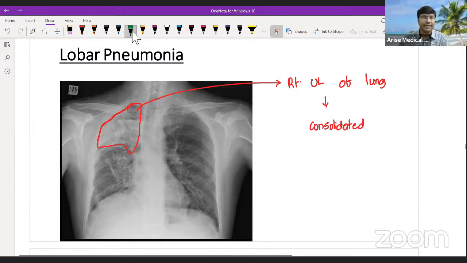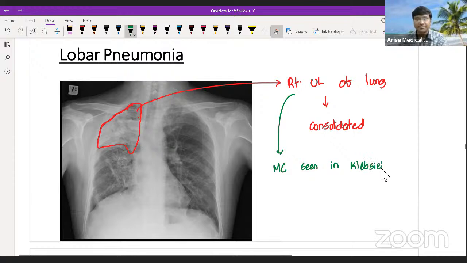It is consolidated. And this right upper lobe consolidation is most commonly seen in Klebsiella.